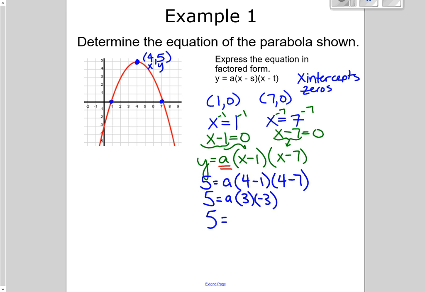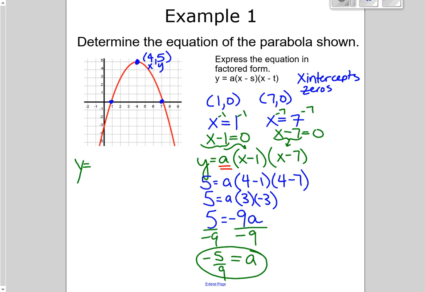So 5 equals a times 3 times negative 3, which is negative 9. So you multiply those numbers together, then of course put them in front of the variable. And then let's divide each side by that negative 9. So a equals negative 5/9. And that will help us complete our equation.